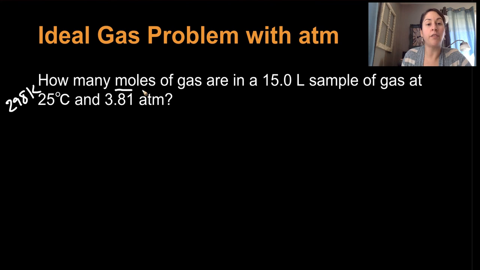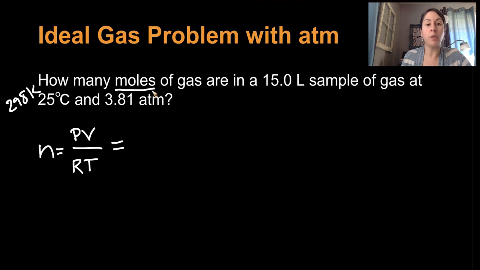Again, I'm solving for moles. So we're going to set this up. Our PV equals nRT, so n is going to equal P times V divided by R times T. You could be solving for volume or something different, so just keep that in mind. We're just solving for this in our example, but you could solve for any of them.